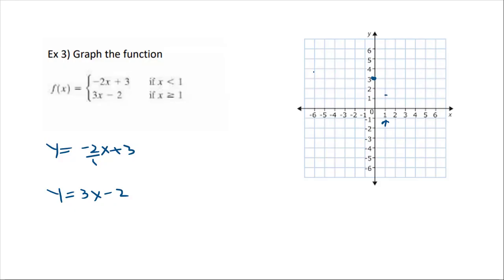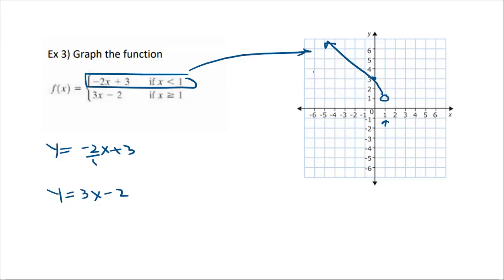Again, I went up 3, 1, 2, 3, and then down 2 and over 1. So then my graph is going to look something like that. Try that again. Hopefully you wrote that. So that's what we got for this one.